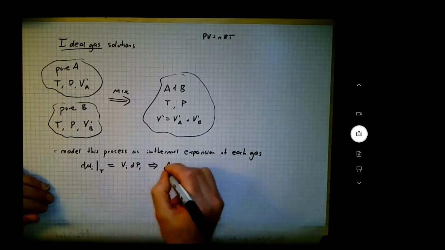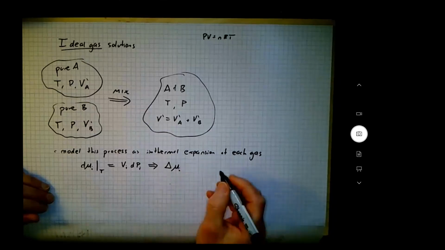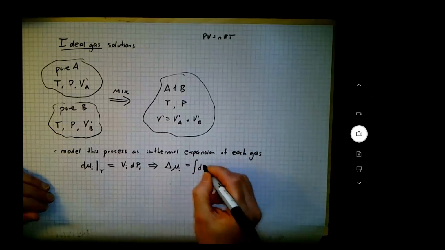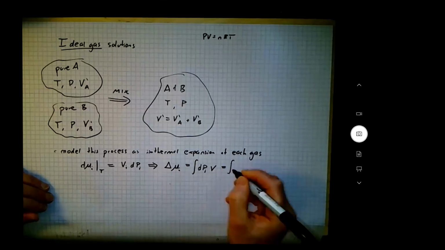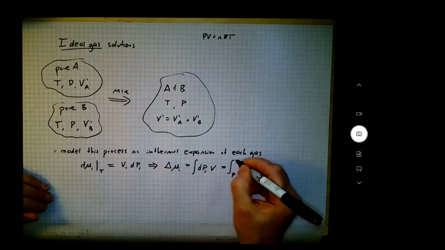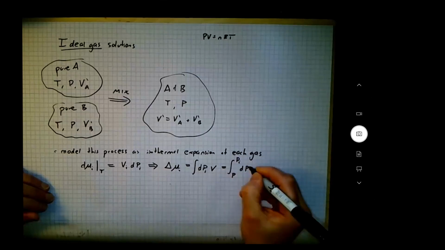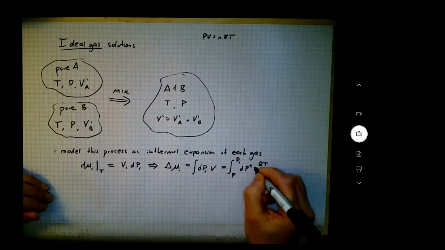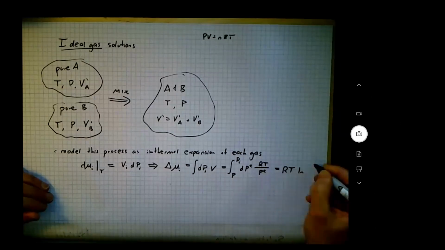That means the total change in the chemical potential of each component throughout this process is the integral of its partial pressure times V. Making this more explicit, this is the integral from P to P sub i of dP, dummy variable, RT over P. And this equals RT ln of the partial pressure of i over the total pressure.